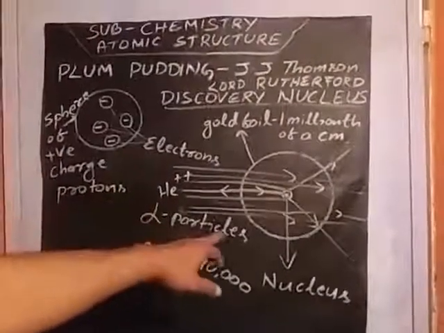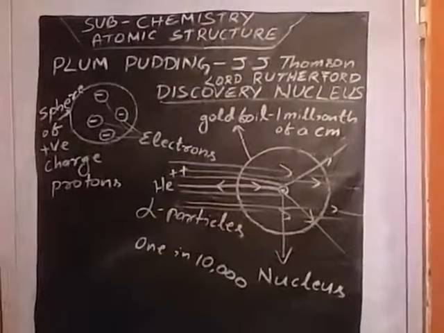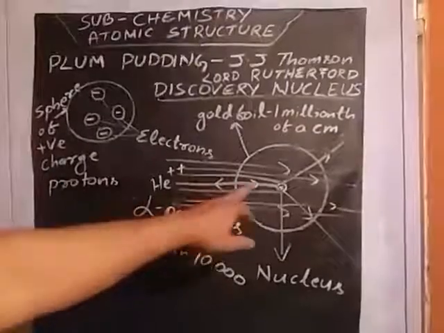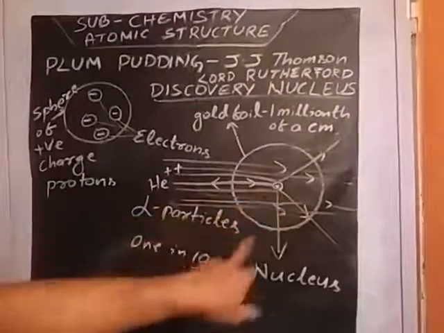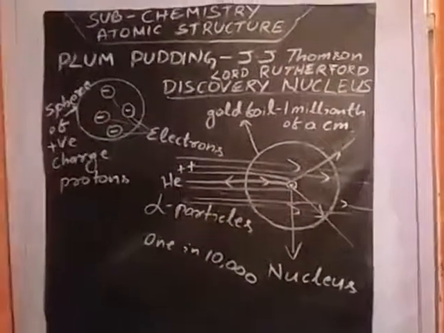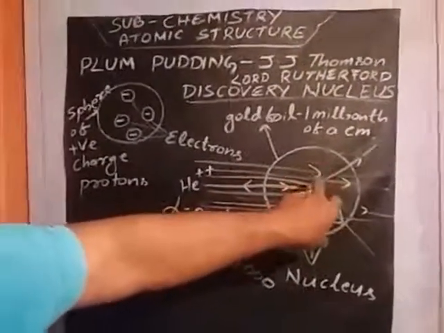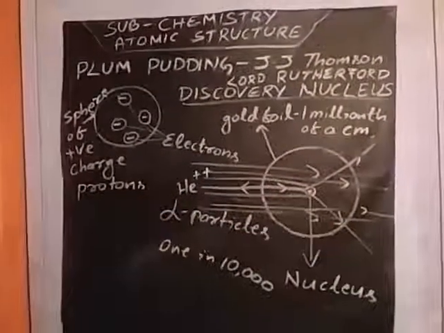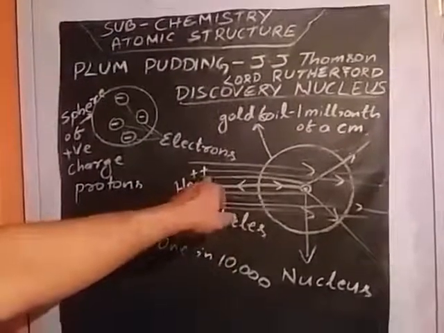When alpha particles were passed, some rays passed through in a straight line, some were deflected at a greater angle, but a very few, about 1 in 10,000, were reflected or bounced back. Then he suggested that in the denser, central part there is a positive charge, because helium plus plus, or alpha particles, also carry positive charge.